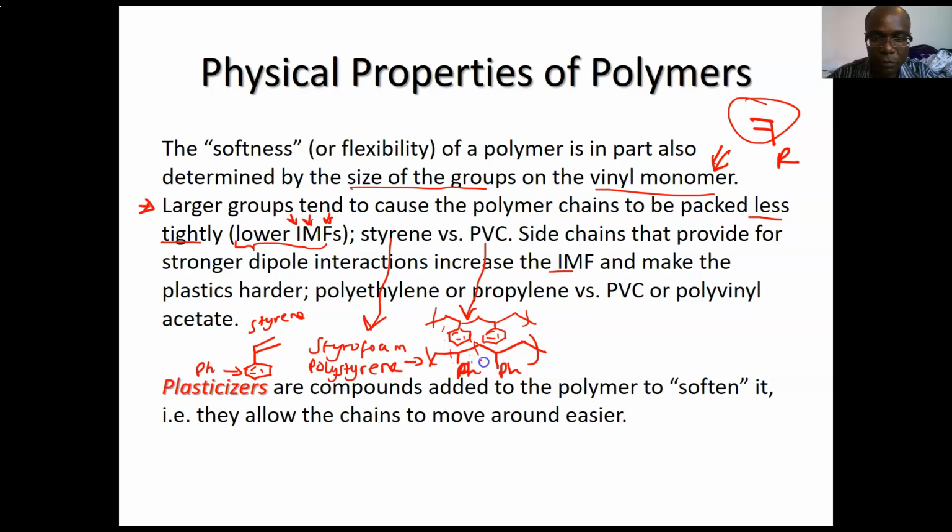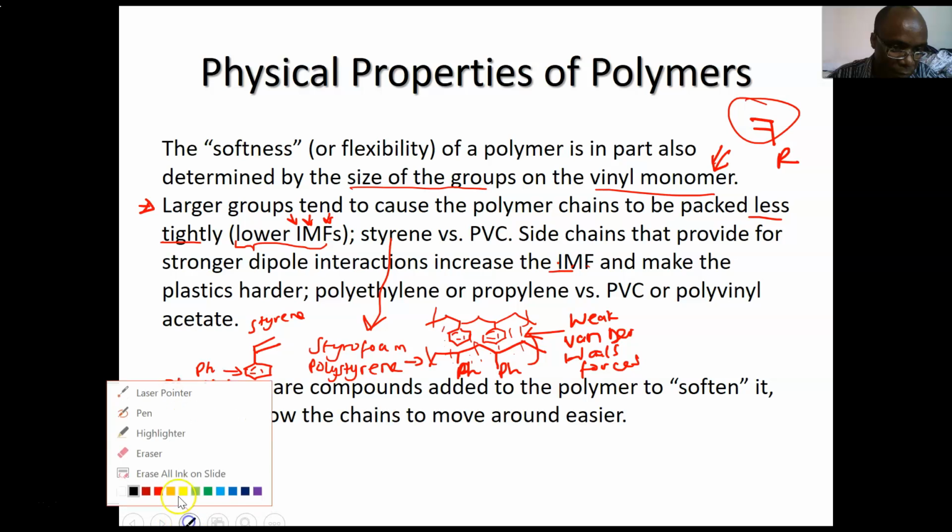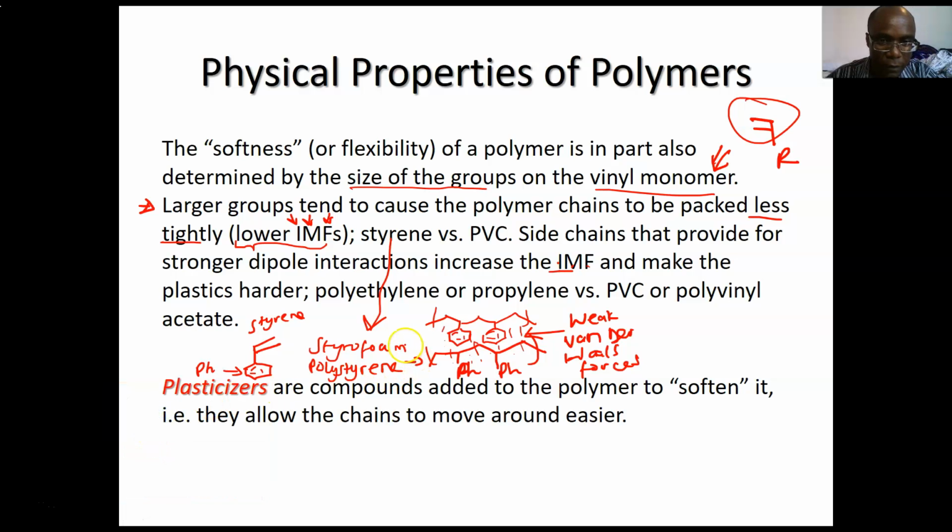So in between these two polymers, the intermolecular forces, IMF, in there are weak van der Waals forces, otherwise called London dispersion forces. But in PVC, okay, this is not PVC, this is polystyrene or styrofoam, up and down.